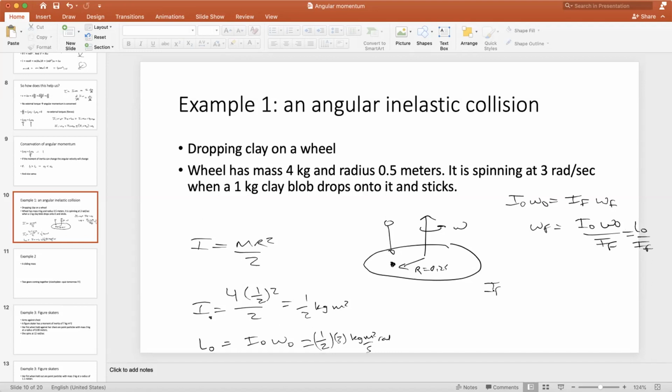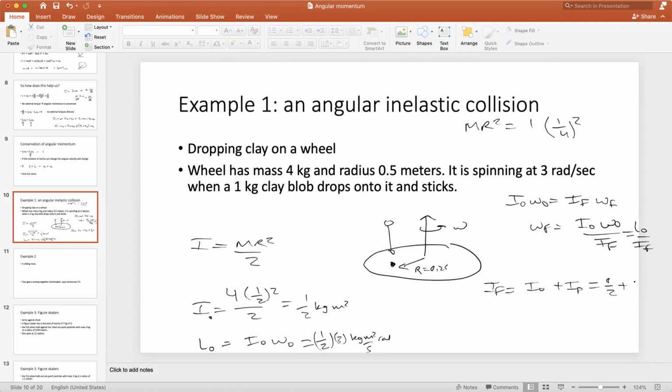So what is I final? Well, we already know that. If we have a point mass that gets added to our system, we have I initial plus I of the point mass of the clay, which is, we already said 1/2 for the initial wheel plus mr squared for the clay blob. This clay blob, mr squared is 1 kilogram times 0.25, a fourth, squared.